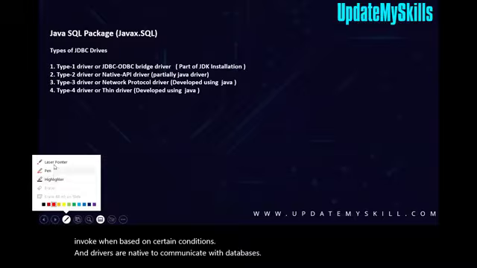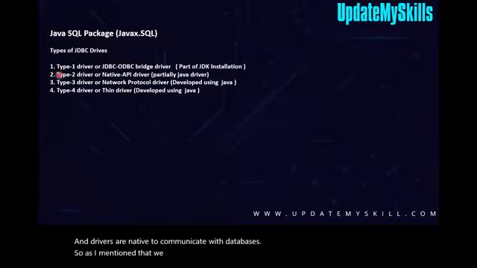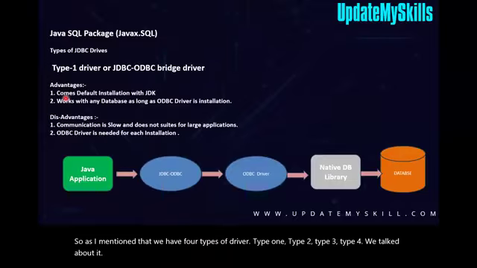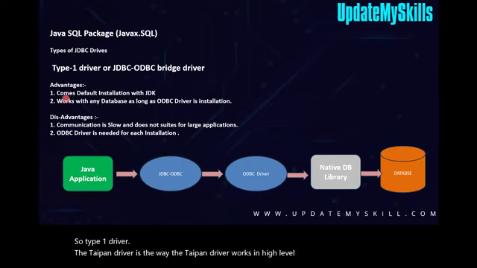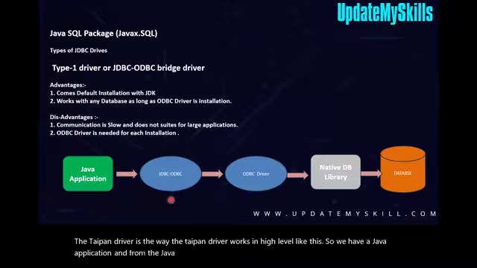As I mentioned, we have 4 types of drivers: type 1, type 2, type 3, type 4. We talked about it. So the type 1 driver, the way it works at a high level is like this. We have a Java application, and from the Java application, it uses the JDBC-ODBC bridge.